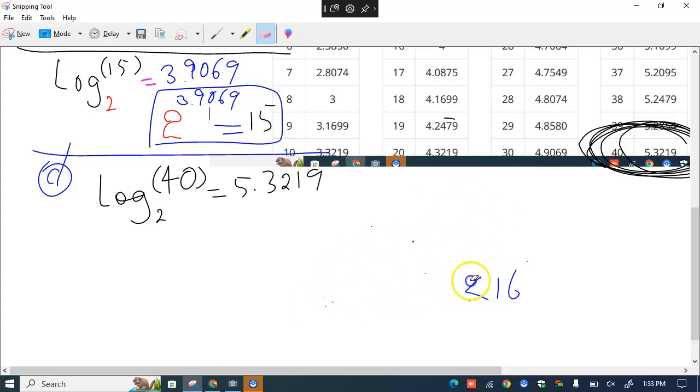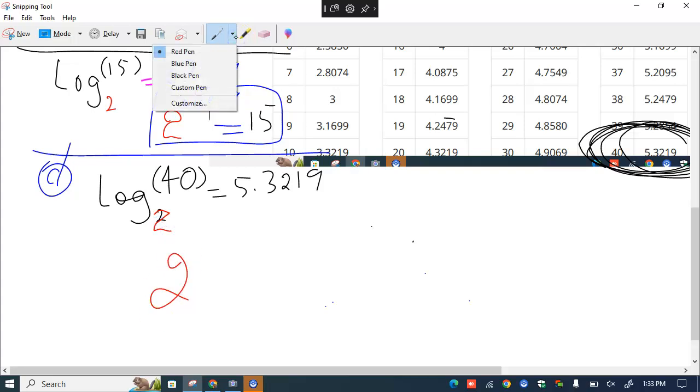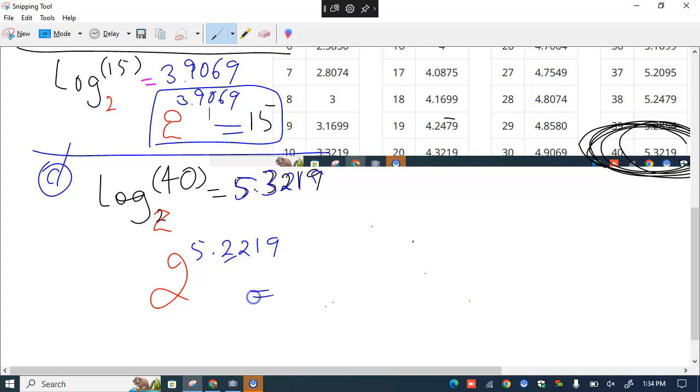So how do we write this in the exponential form? The base is the 2. So this is the base. 2 raised to 5.3219, and the answer is 40, the black 40.